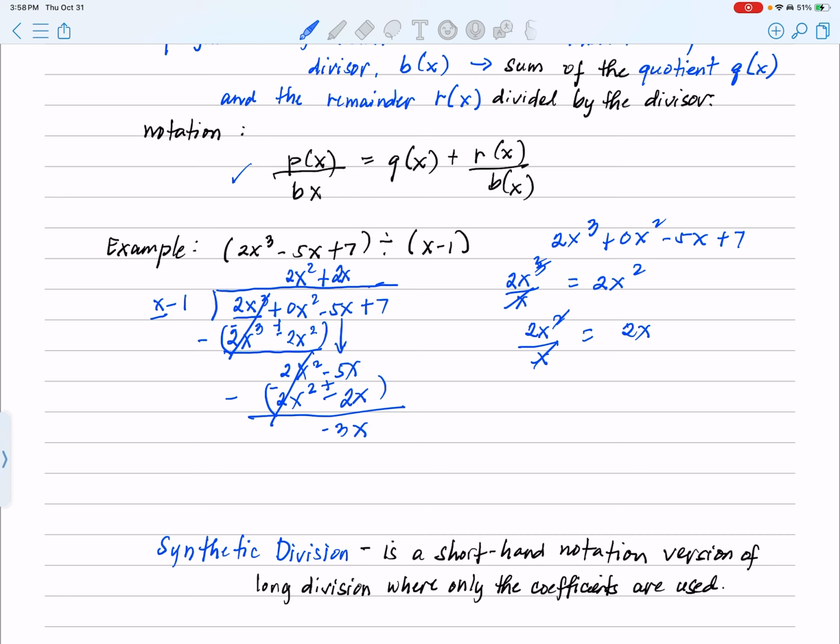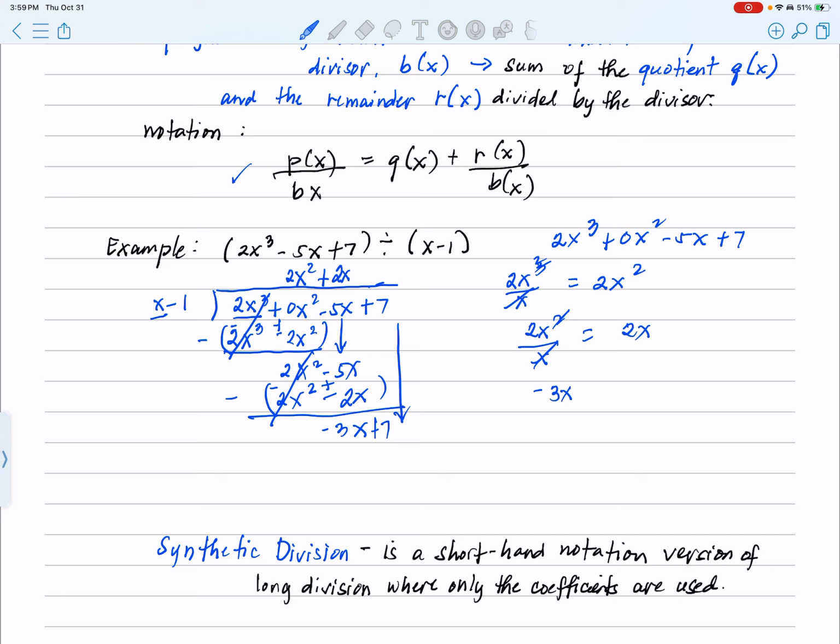Bring down the next part of the dividend. Our next part is 7, so plus 7. Then we do our trial again.